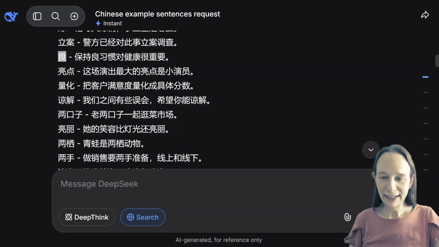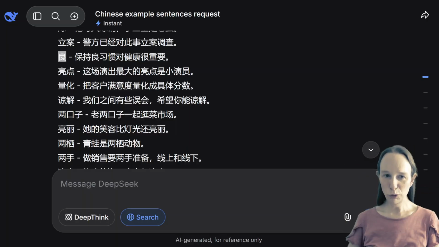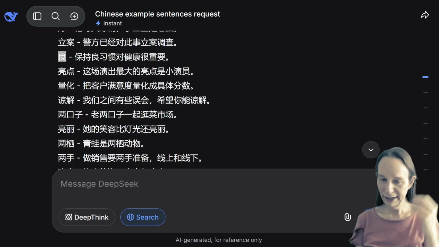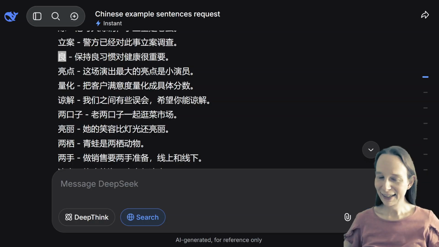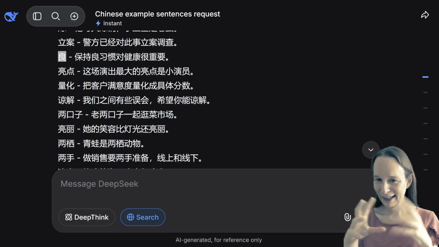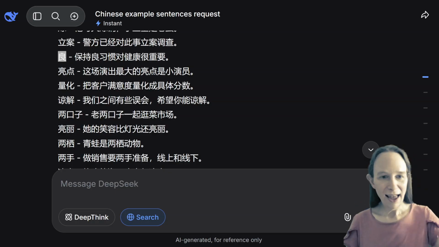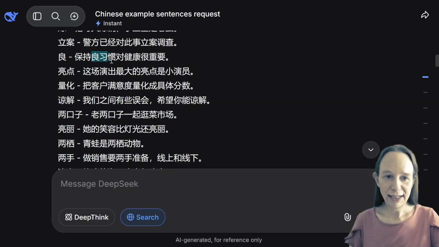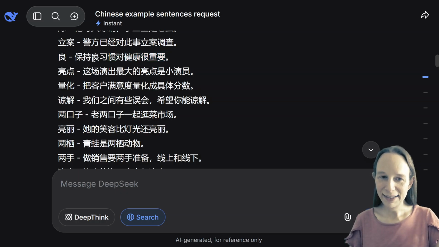Let's move on. It's going to be pretty rare. 良. 良 refers to something that is good or favorable, benevolent, as opposed to something evil or malign. 保持良好习惯，对身体健康很重要. 良习惯 or 良好的习惯. So this is good habits. 良, yeah.